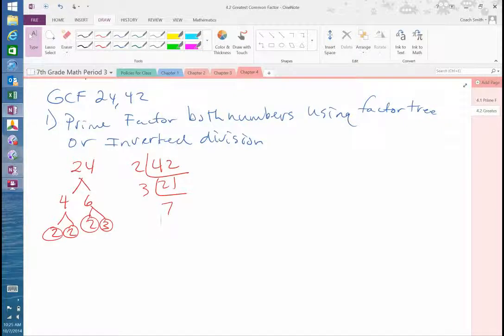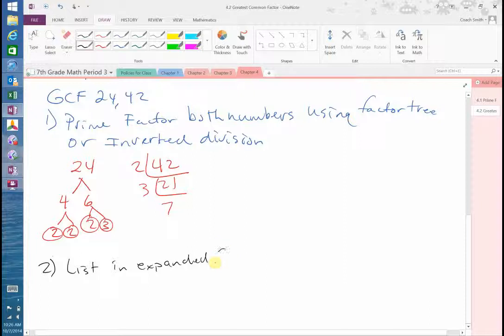So the prime factorization of 24, as I listed out, that's step 2. Step 2 is list in expanded form the prime factorization of each number.